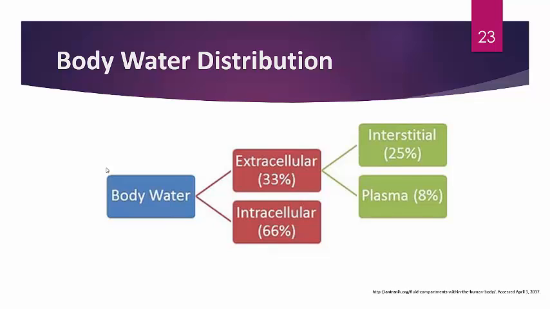Within that 33% of extracellular fluid, about 3/4 is stored interstitially, so not within the intravascular space. And about 25% of that, or 8% overall, is stored intravascularly, or within your plasma or blood.